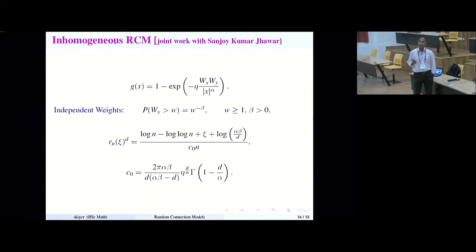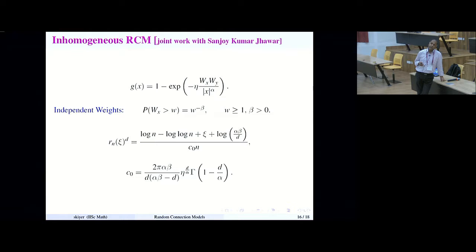So if we come back to the inhomogeneous random connection model that I had mentioned earlier, and this part is joint work with my student Sanjay Jahwar. So this was the connection function, again, the g of x comma y, and this should be mod x minus y to the alpha. So if one takes the radius, the scaling parameter, what we are going to do is look at Gn, which would be g of mod x minus y over Rn, okay?